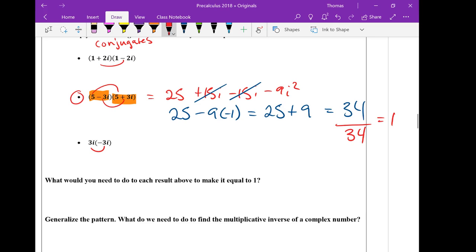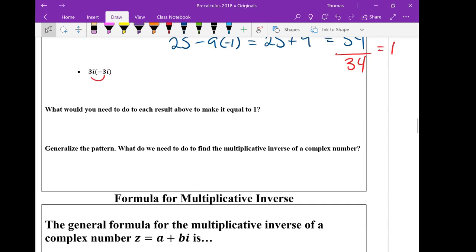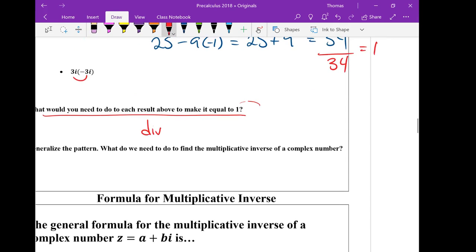What we noticed when we did all 3 of these out is that we needed to divide. What would you need to do to each result to make it equal 1? We would need to divide by a squared plus b squared.